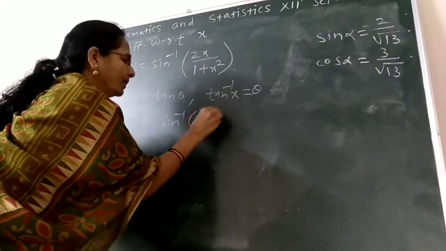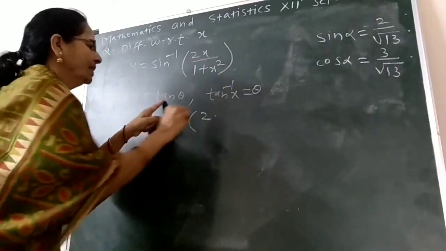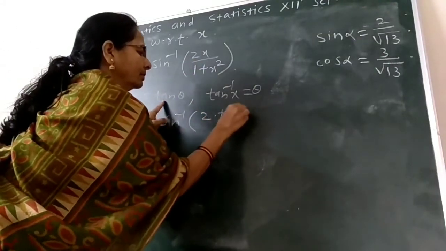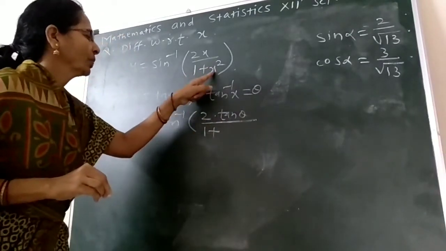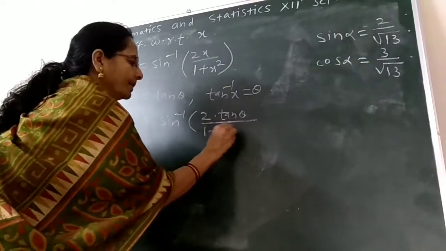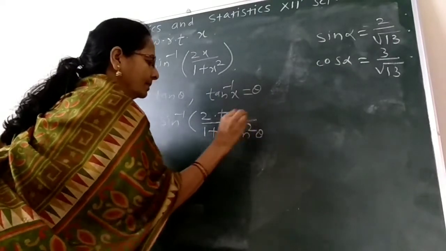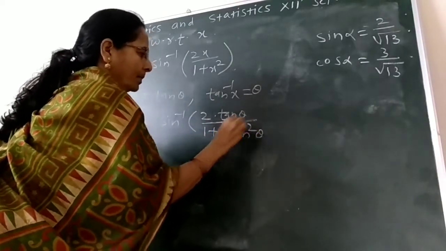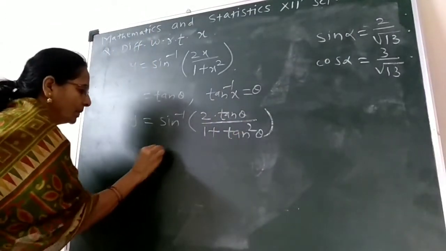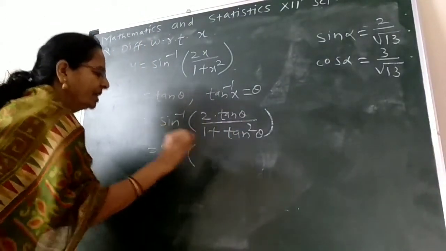Therefore y is equal to sin inverse of 2, x is tan theta, 1 plus x square is 1 plus tan square theta, is equal to sin inverse.